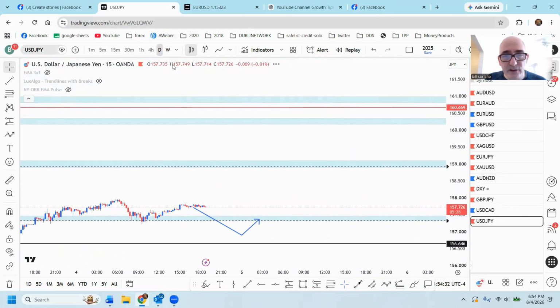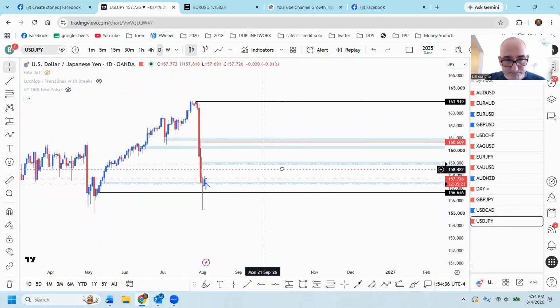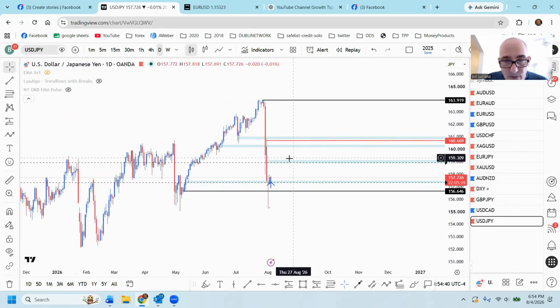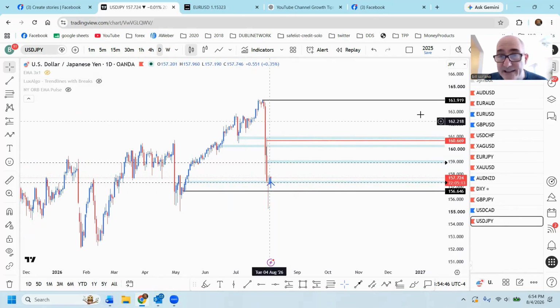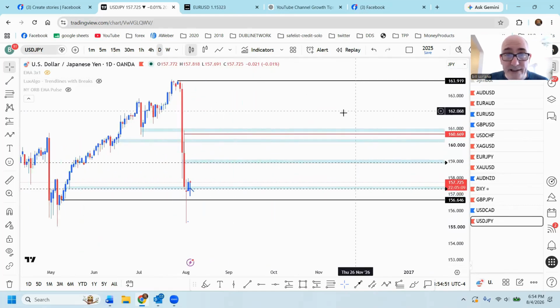To do this, we have to go to the daily time frame. On the daily, we like to see where the next level is to determine the daily range high. We want to see the next level above price where we have a blue candle, a blue body, not wicks.